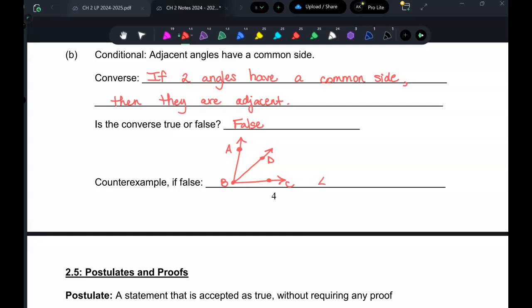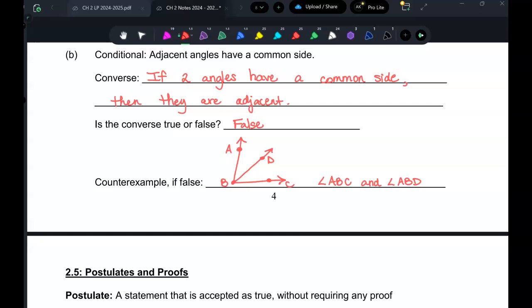So what would be one angle we could use? We could use the big angle, ABC. And now pick ABD. Perfect. So this angle and ABD, do they share a side? Yeah, this side right here.